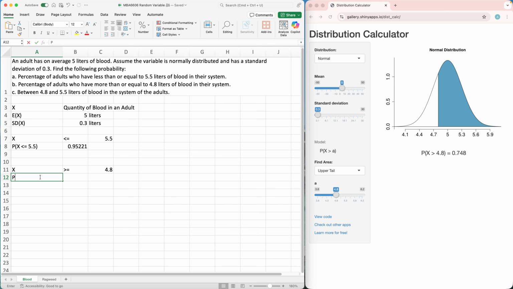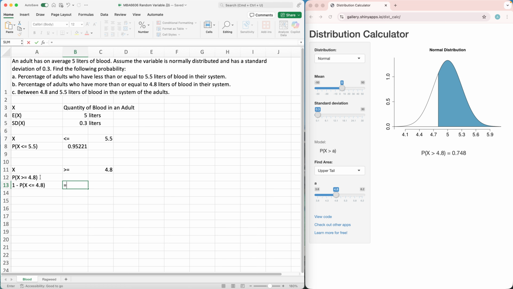So the probability of x greater than or equal to 4.8 is the same as 1 minus the probability of x less than or equal to 4.8. All right.